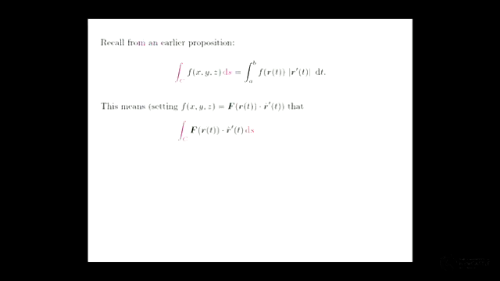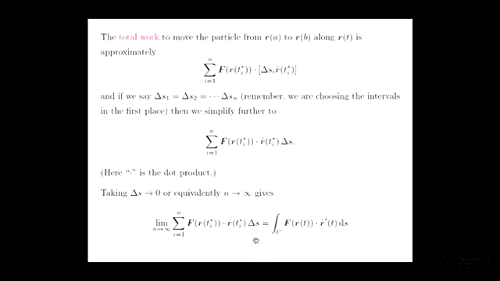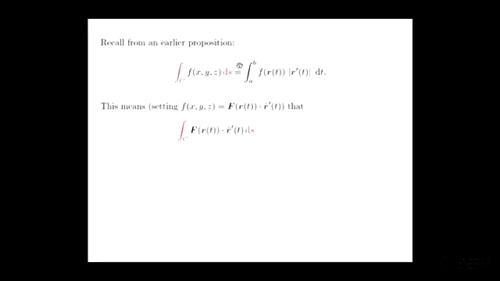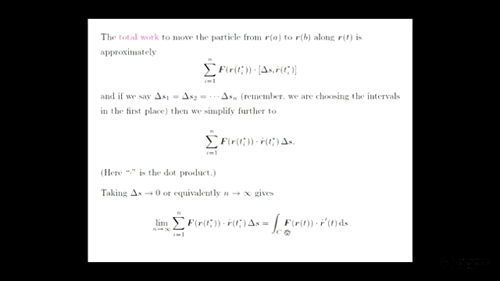Okay, but from an earlier proposition in this lecture, I wrote that the integral over C of some function f ds is equal to the integral from a to b of f evaluated at r(t) times the length of the tangent vector, provided that r(t) was the thing parameterizing C. So notice that this integral has the form of the integral over C of something ds. So I'm just going to let the integrand here be the something.